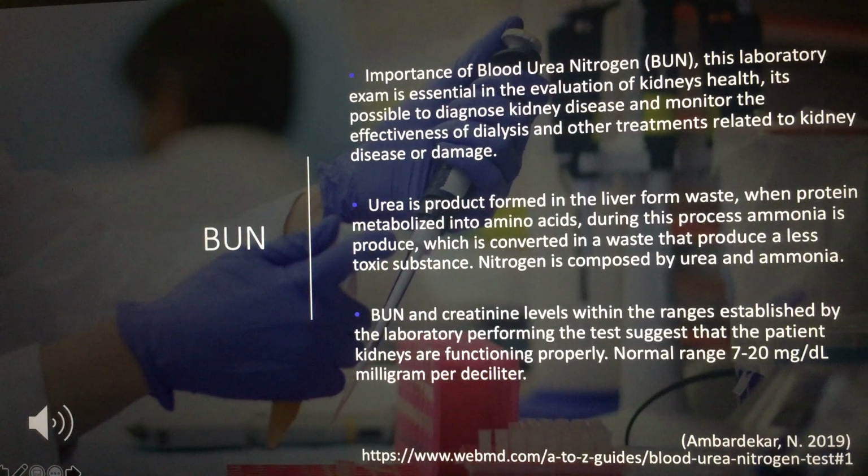If the range is above, that means that the kidneys are not working properly. As examples, it could be due to kidney stones, kidney failure, or kidney disease, or increased protein or breakdown in the diet. But if the levels are below, it may be because of severe liver disease or malnutrition.